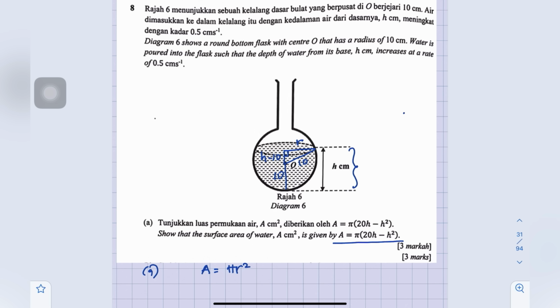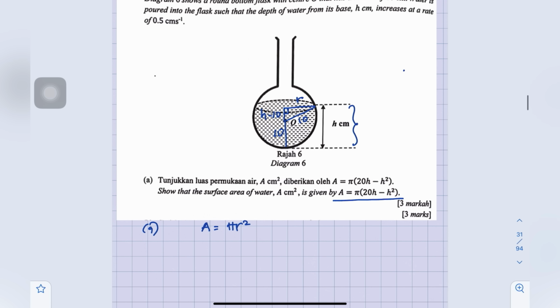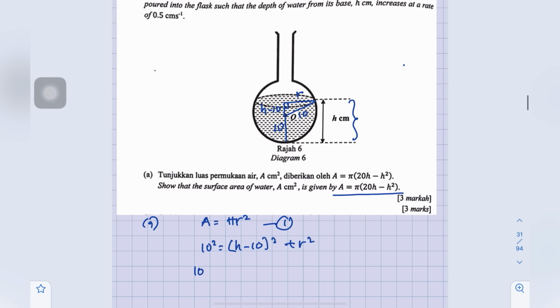So by using the Pythagoras theorem, 10 squared, this is equation number 1. So 10 squared equals h minus 10 squared plus r squared. Then we simplify. So this one is 100 equals h squared minus 20h plus 100 plus r squared.